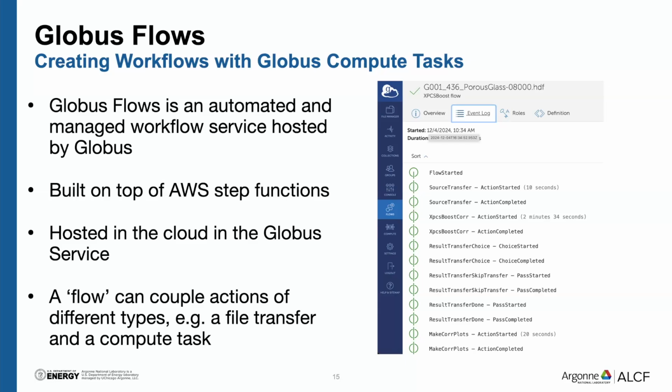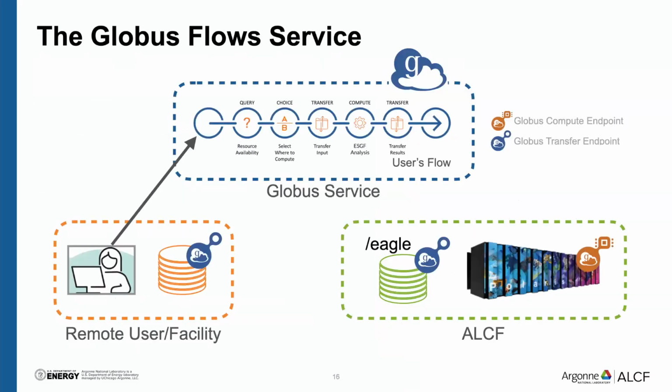A flow is composed of actions, and we'll talk about the different kinds of actions you can have. So we've just talked about Globus Compute, and so you can have a Globus Compute action within your flow, but there are other kinds as well. And I will say you can also monitor your Globus flows in the Globus website through their web UI. And this is a little screenshot of what that looks like.